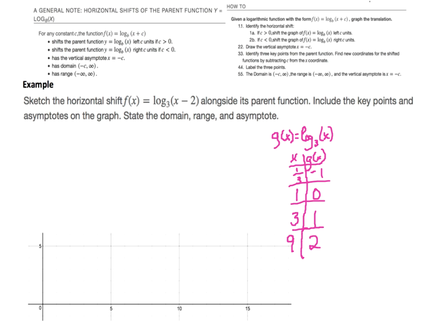And now let me go ahead and put that onto the graph so we can see how we shift from this parent function. So 1/3, -1, about right here, 1, 0, 3, 1, and 9, 2. This comes up from negative infinity.